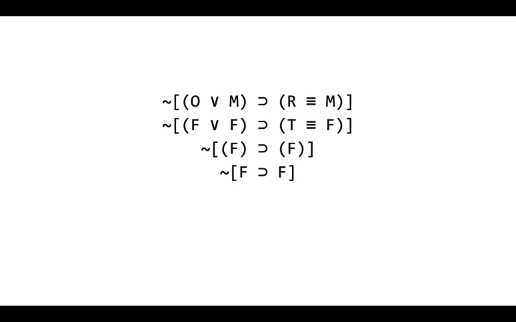We still can't calculate the value of the tilde because we need to know the value of the horseshoe first. That is now the smallest operator in this formula in that bottom statement. Okay, so it turns out, perhaps enigmatically, that if you have a false antecedent and a false consequent, it's actually still true.